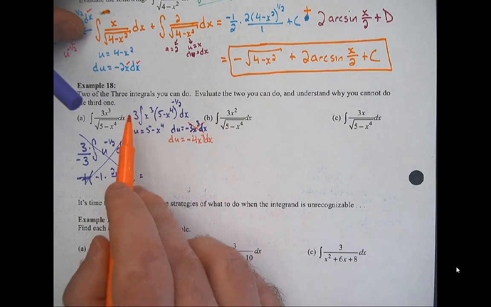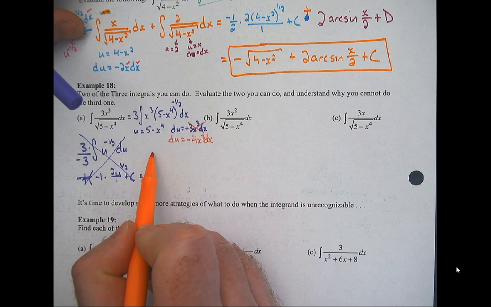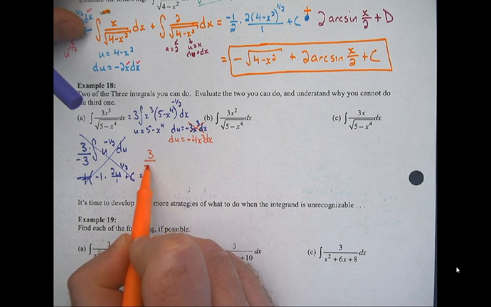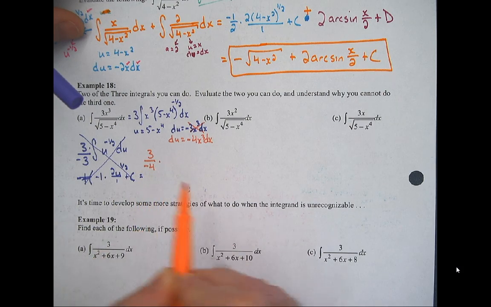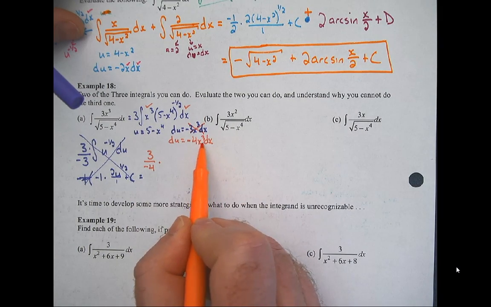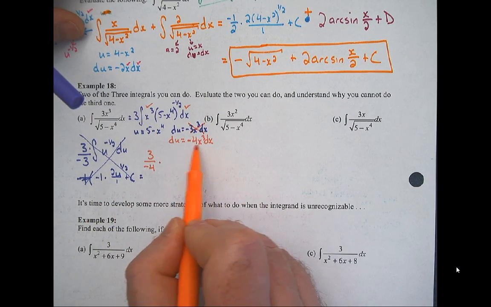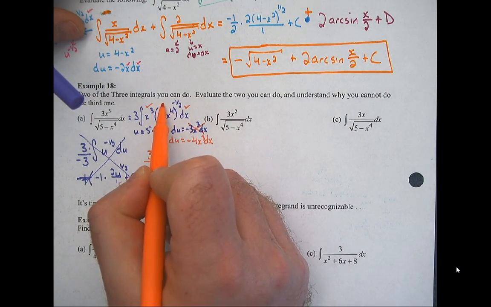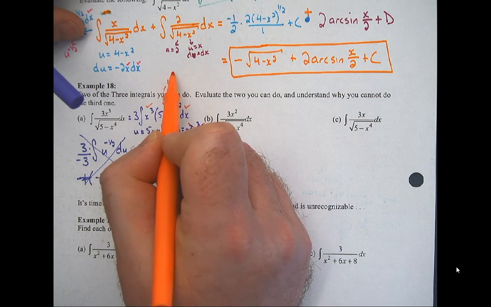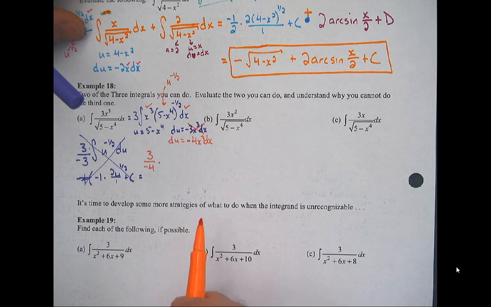So that 3 that's out front, I'm going to leave that out there. I need to generate a negative 4, so I'm going to divide by a negative 4. Multiplied by, and then the negative 4 that I generated became my du. So my function is really u to the negative 1/2, or my something to the negative 1/2.